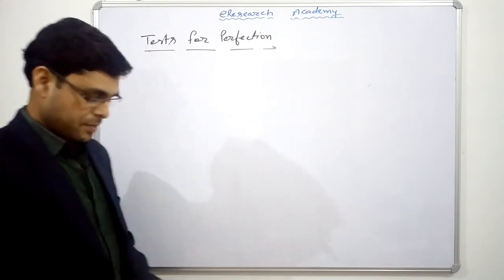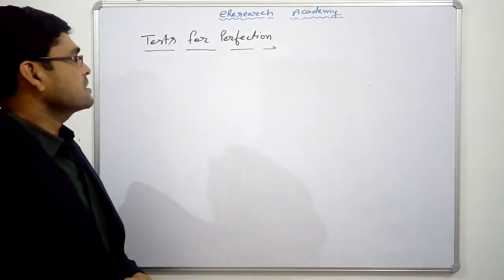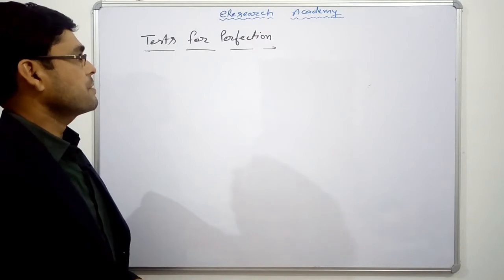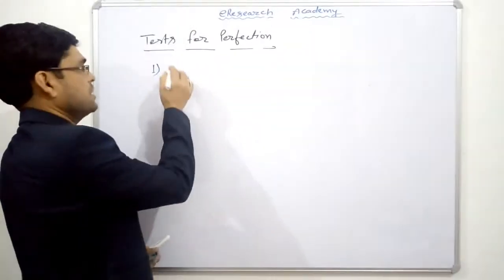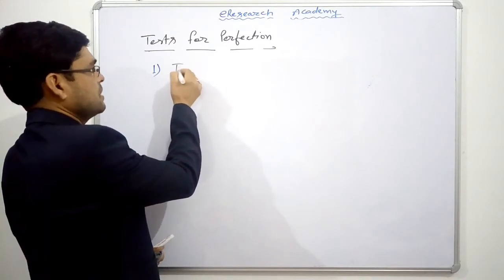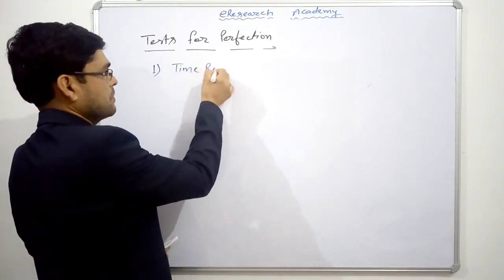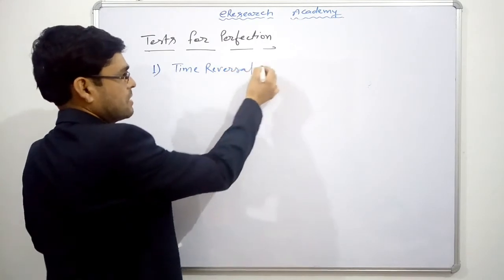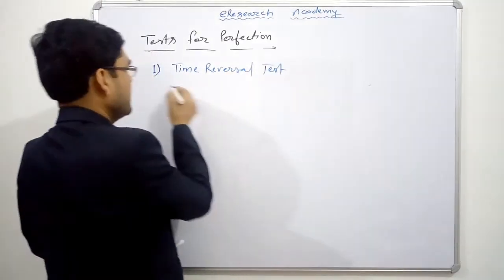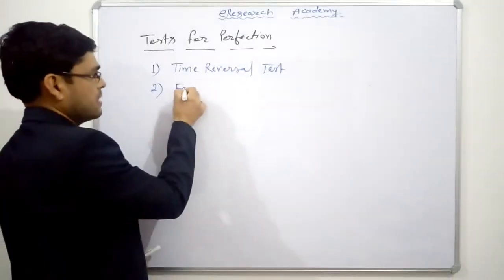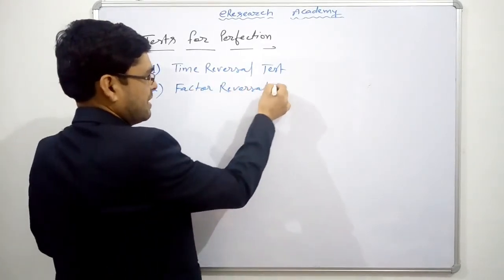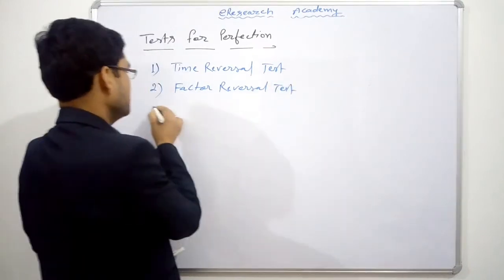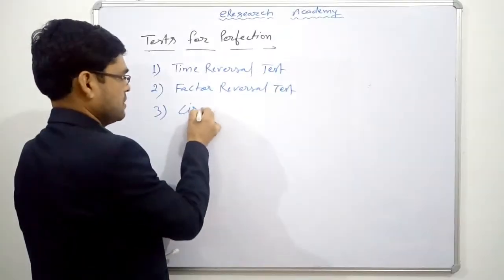So friends, let's start. We talk about the various methods of a test for perfection. These are basically three tests. Number one, the time reversal test, second is the factor reversal test, and third is the circular test.